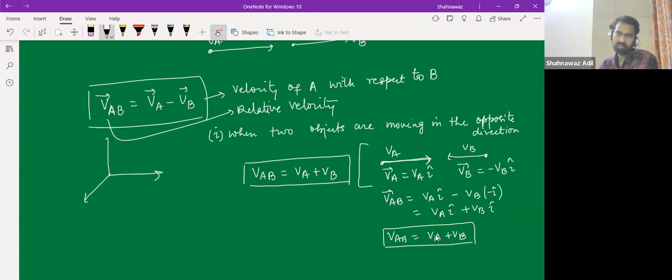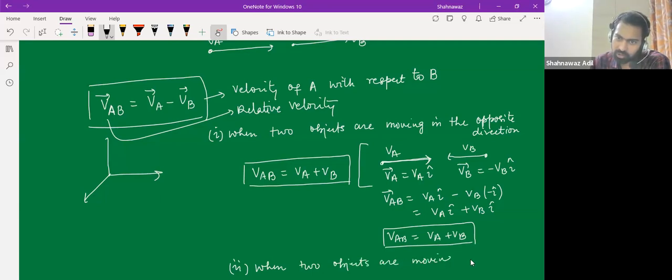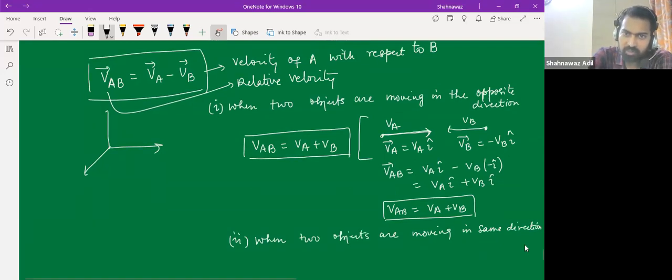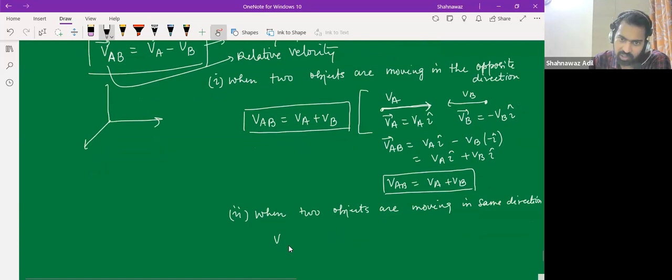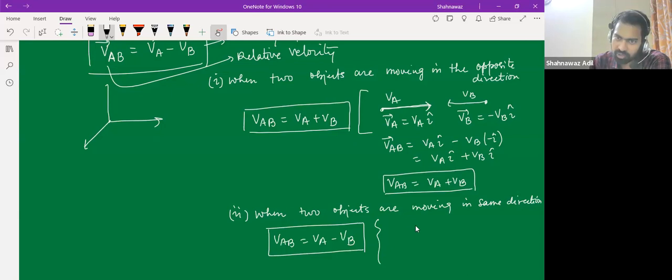And when two objects are moving in the same direction, V_AB would be V_A minus V_B. Right, so you can understand this by this.